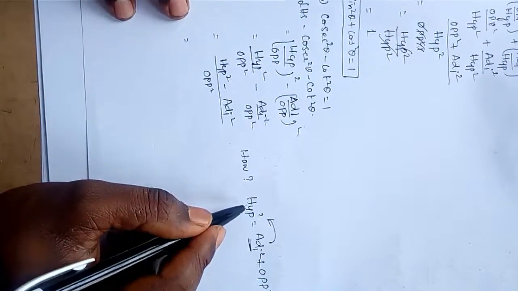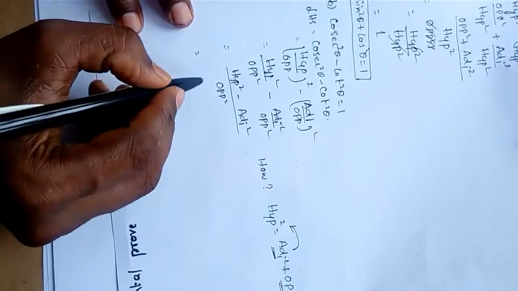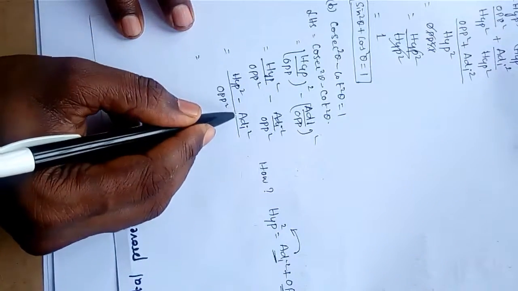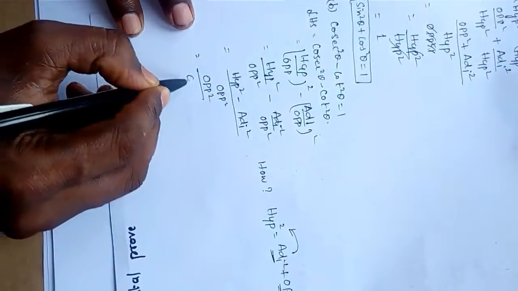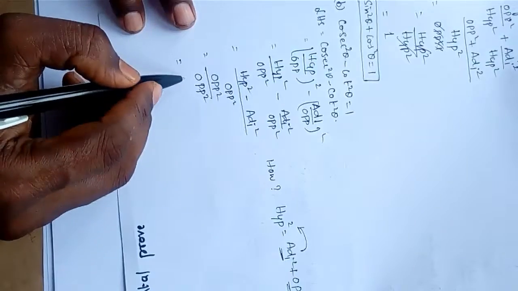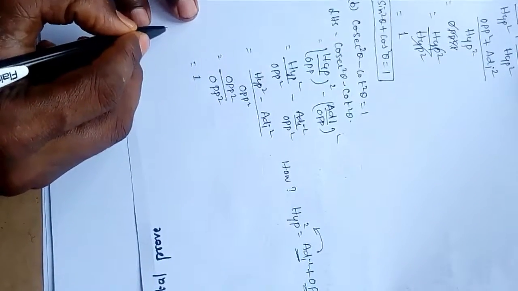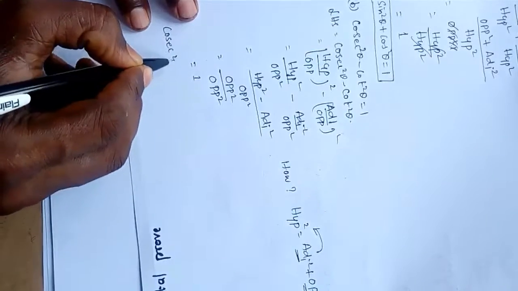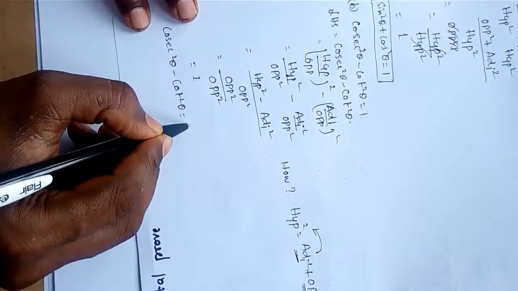So it becomes hypotenuse square minus adjacent square is equal to opposite square. So I am replacing hypotenuse square minus adjacent square with opposite square, over opposite square. Now the numerator and denominator are the same, so the fraction value is equal to 1. So the second fundamental identity is cosecant square theta minus cot square theta is equal to 1.